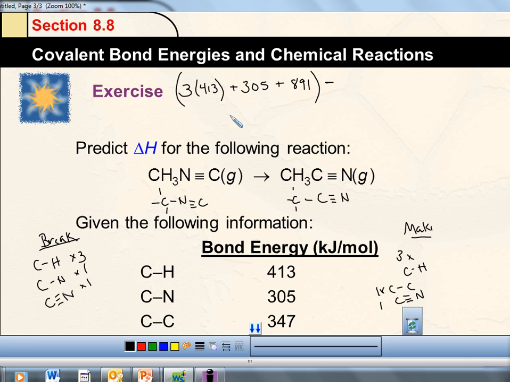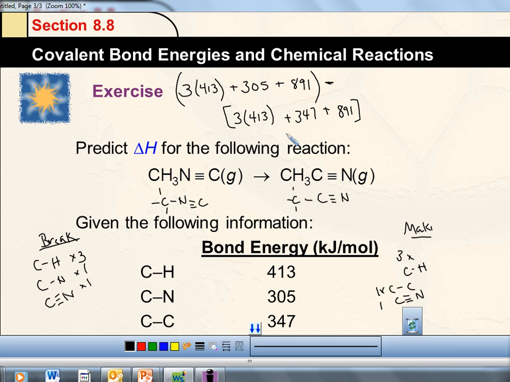So that's going to be 3 times the 413 coming out, plus the 347 for the carbon-carbon single bond, and there's one of those, plus the 891 for the carbon-nitrogen triple bond.